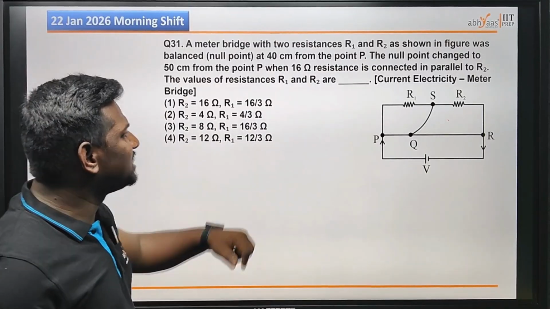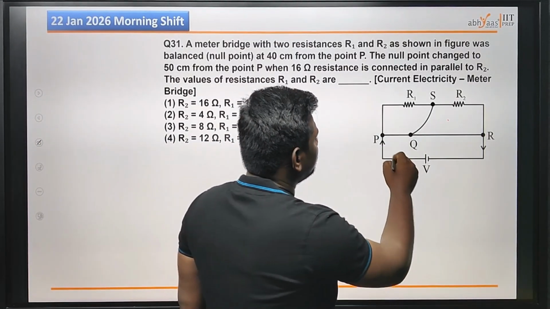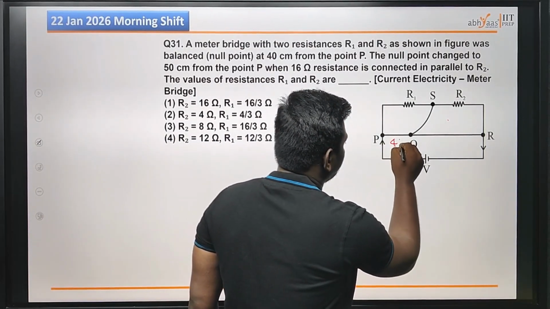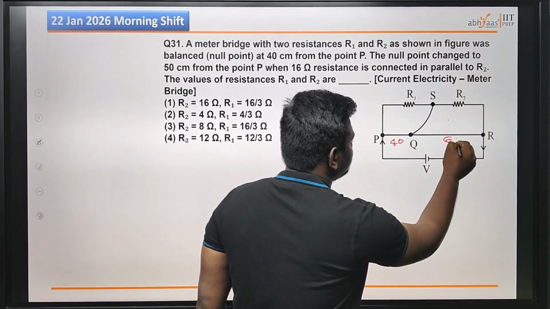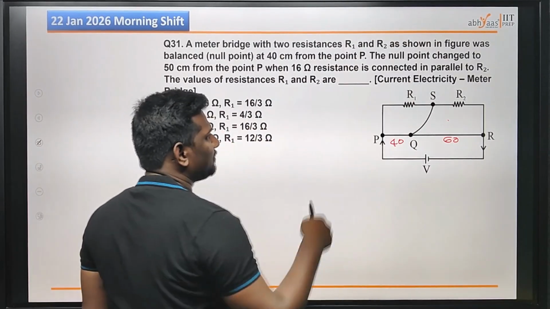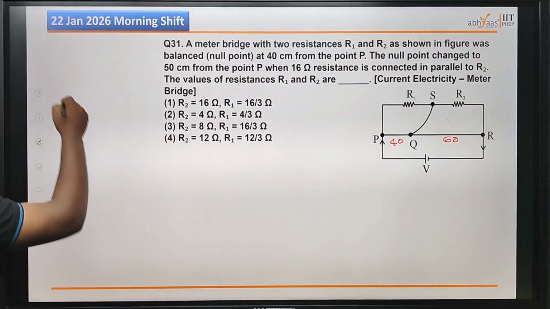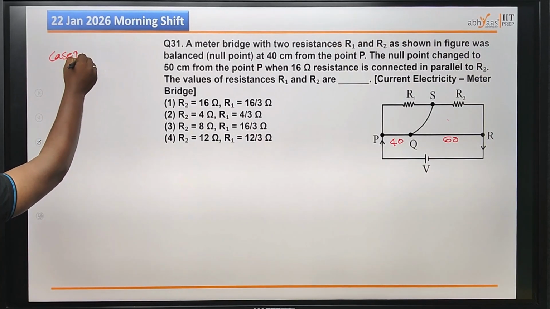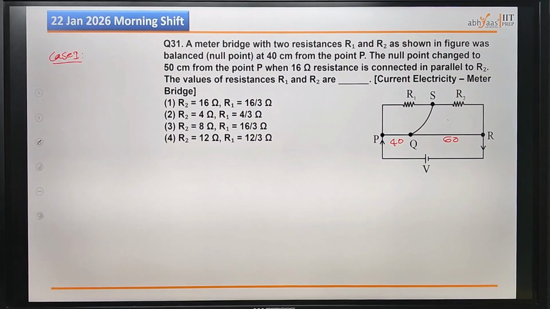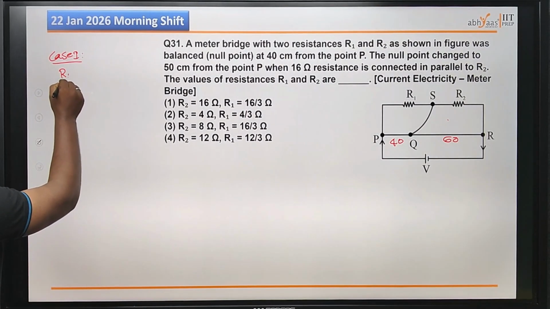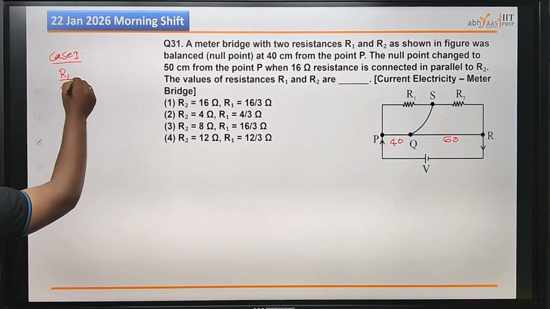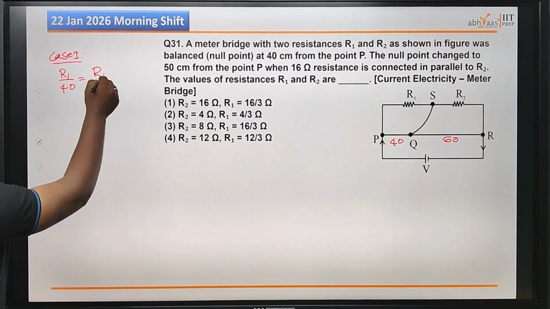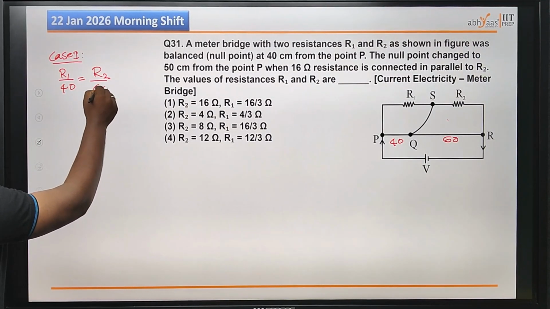So what is the first condition? The condition is this is 40 and this will be 60. At first case, I am writing here case 1. R1 by 40 equal to R2 by 60.